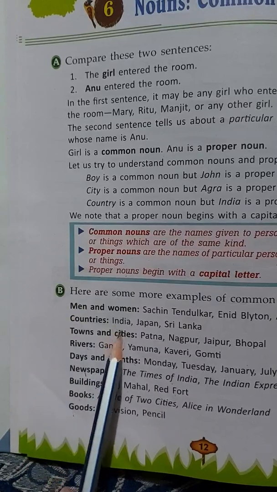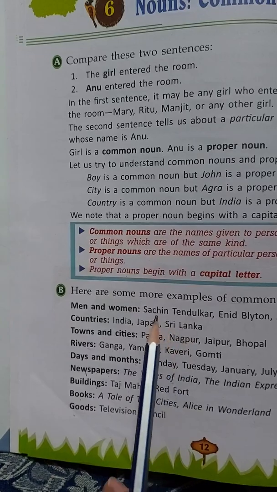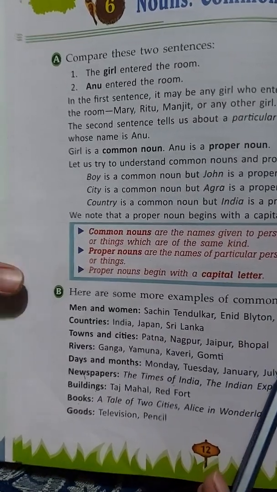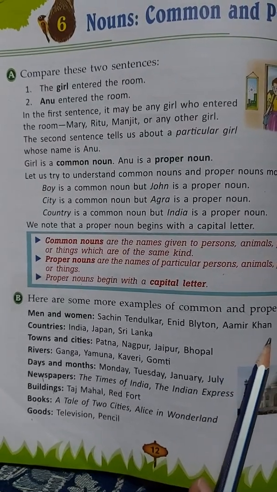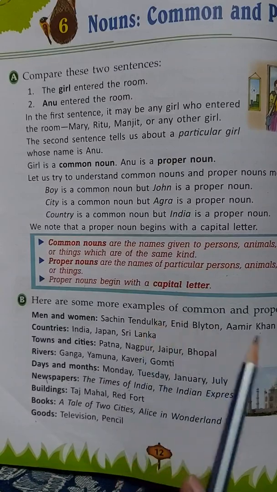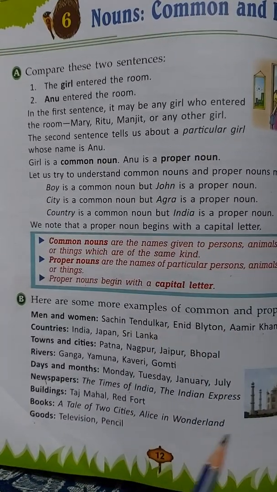Now men and women are what? They are common nouns. But if I say Sachin Tendulkar or Enid Blyton or Amir Khan, then it is what? Then we'll call it proper nouns because these are the names of particular persons.